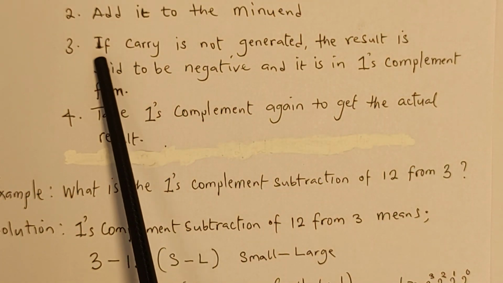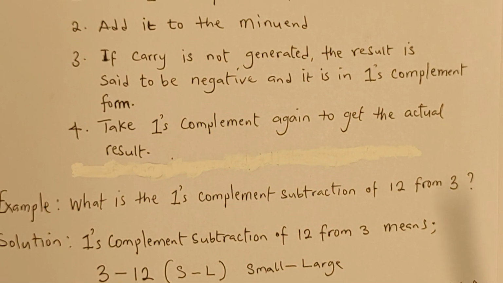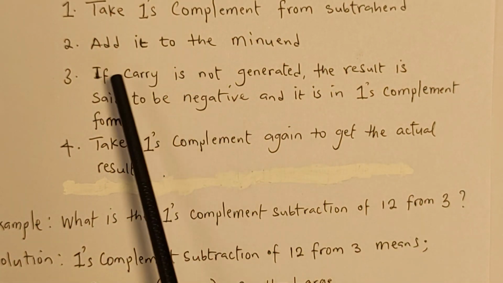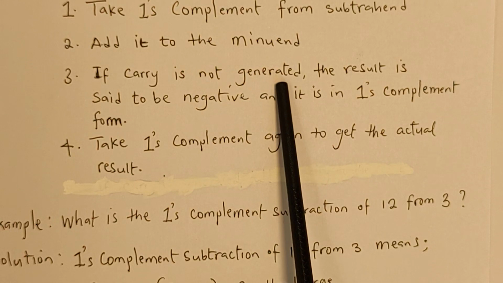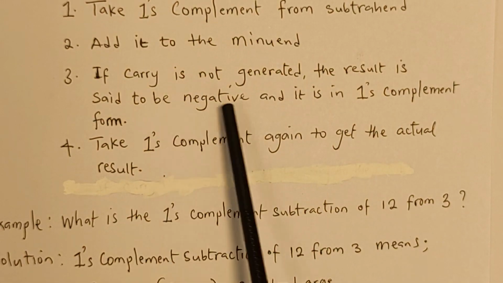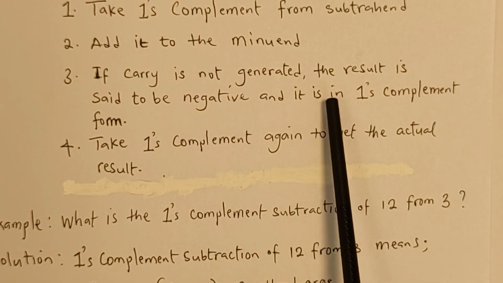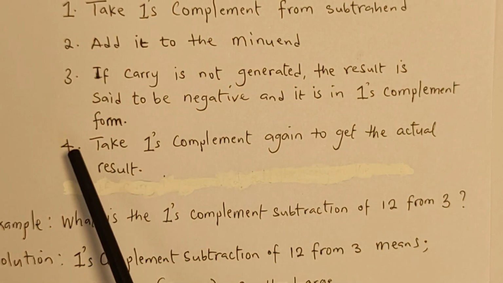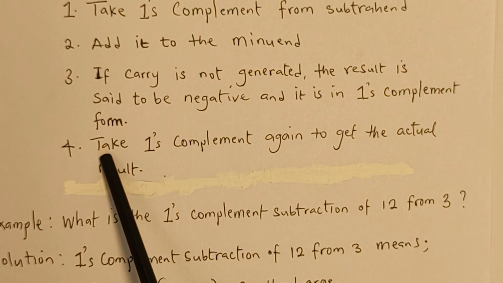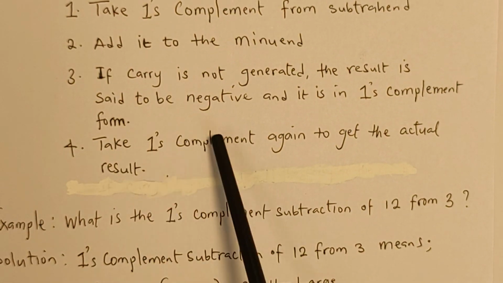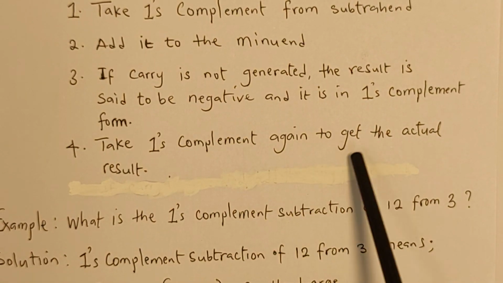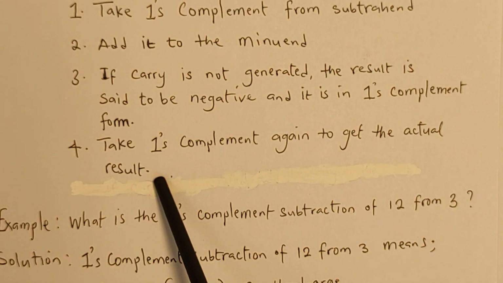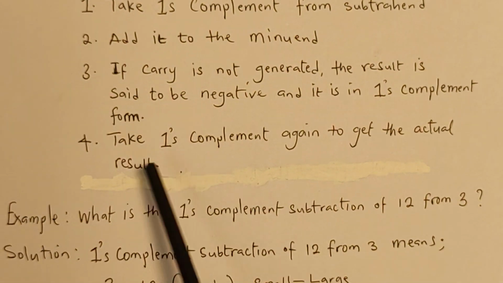It says that if carry is not generated, the result is said to be negative, and it is in 1's complement form. So we need to take 1's complement again to get the actual result. Like I said, we're going to see this in action. So let's take the 1's complement again.